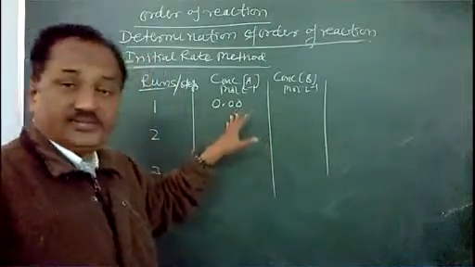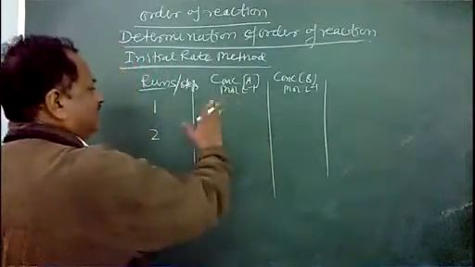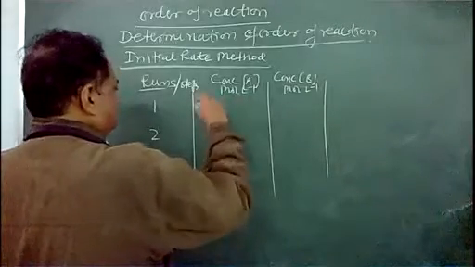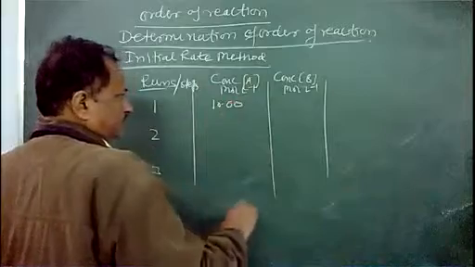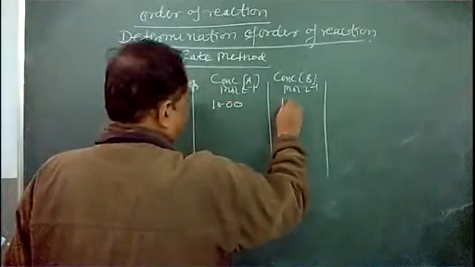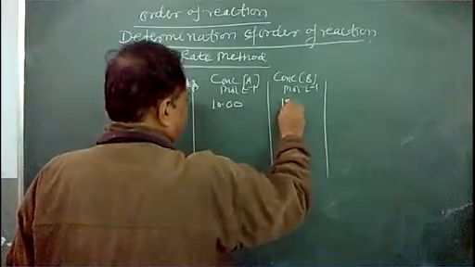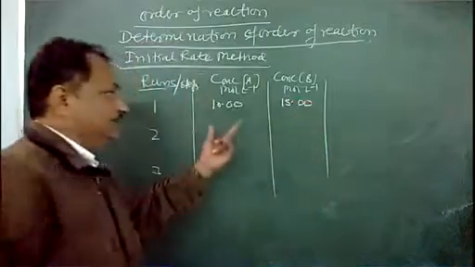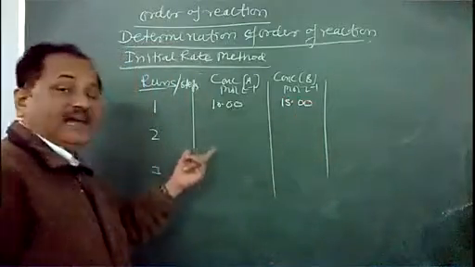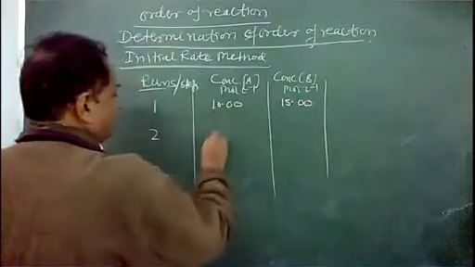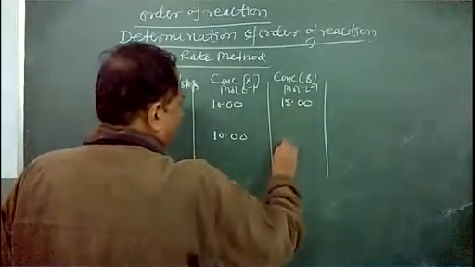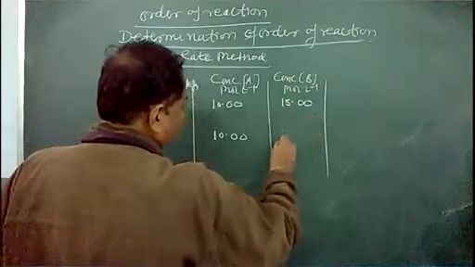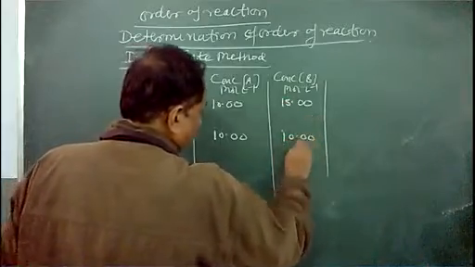If A is 10.00, and B is 15.00, this is the maximum amount, and after time t, A is as it is, and here B has decreased to 10.00.